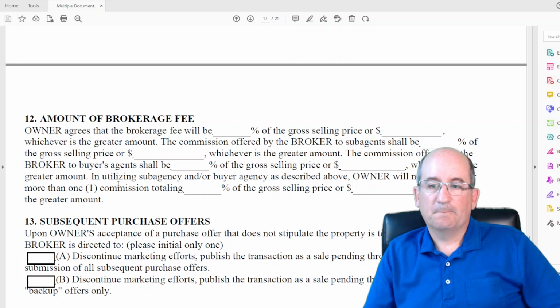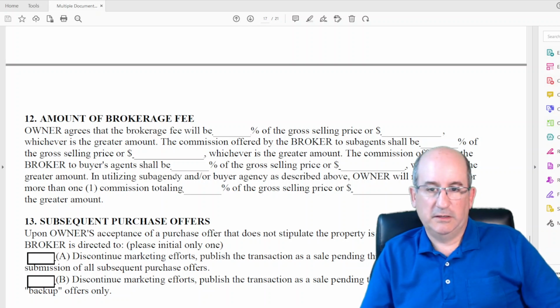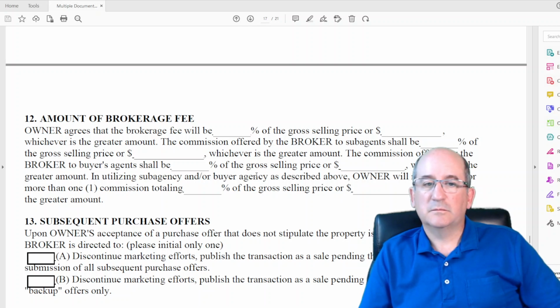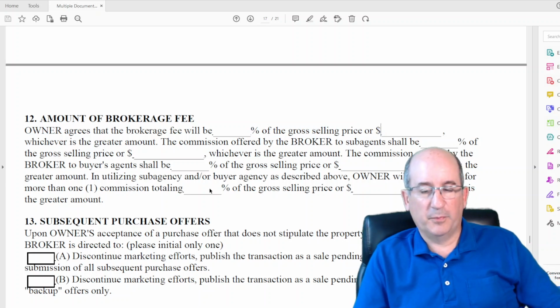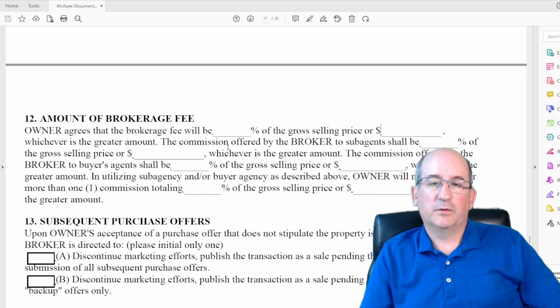And then it says, if utilizing sub-agency, as described above, the owner will not be liable for more than one commission totaling whatever percent, like 6%. I usually just match it with what's at the top. We don't really do sub-agency, but rather than put not applicable and not applicable, we just put the same as what that top line has. Okay?